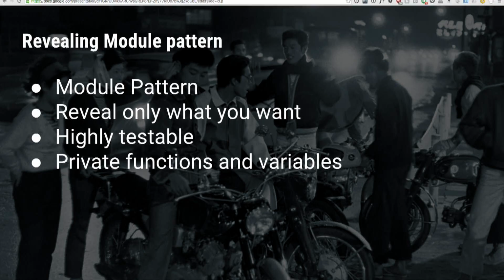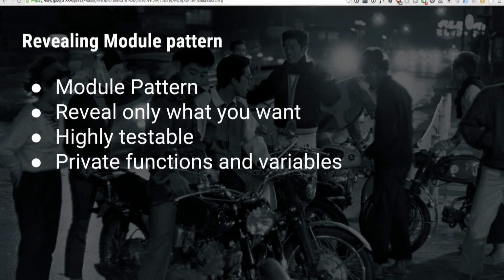What is the difference between a normal module and a revealing module? I'll show you in the next slide, but the major difference is that with a normal module, you would be using this or whatever variable your module is, and extending it with new variables, so it would almost by itself expose everything.